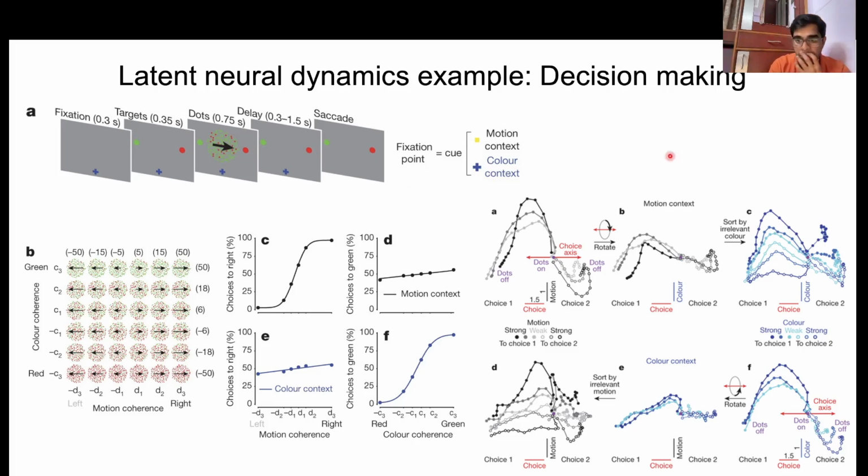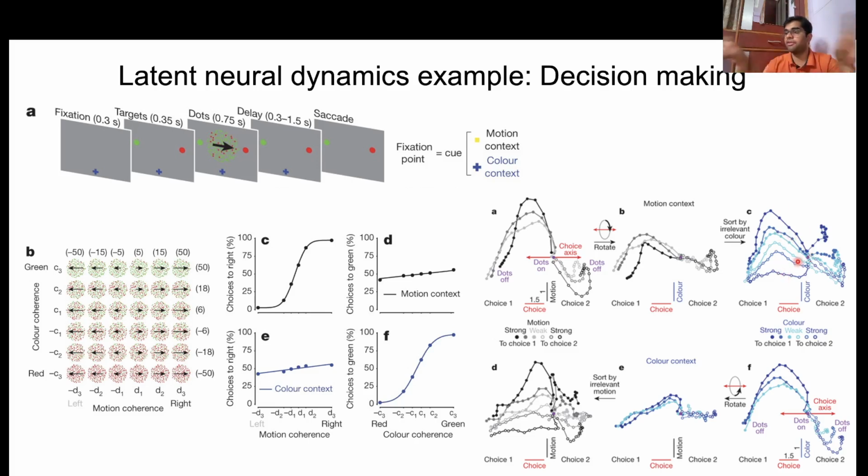Okay, so here it is just rotating to show the color axis. When the color axis is visible, when you rotate and then sort the trials based on the color, you see that there is no particular proper trajectory of these dotted and solid lines.